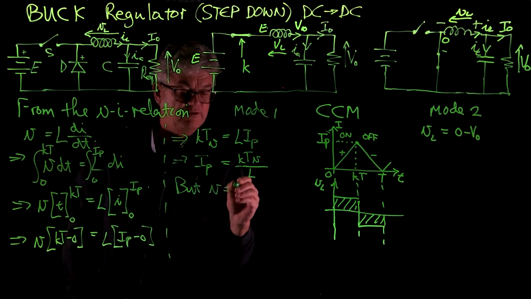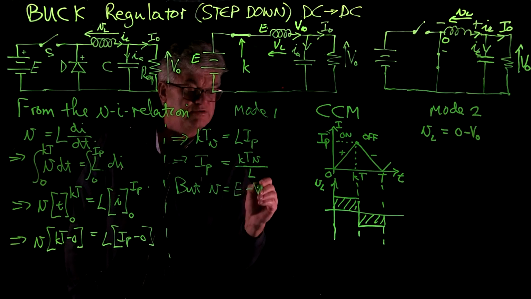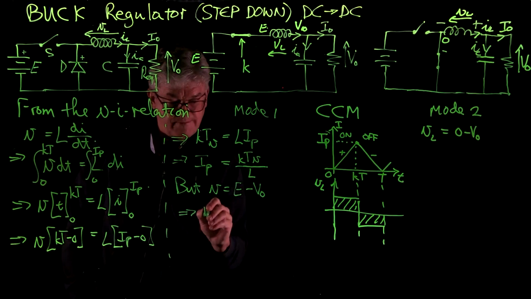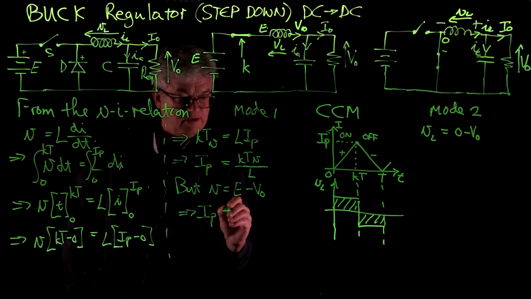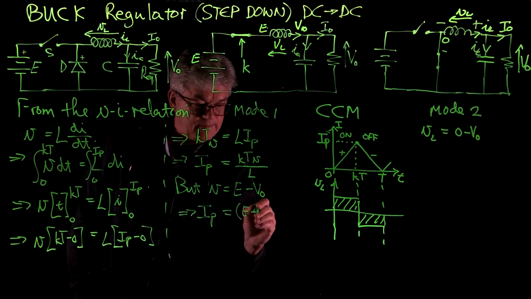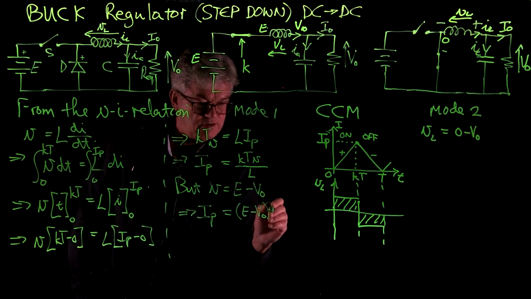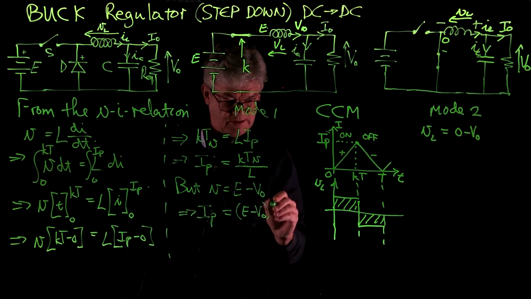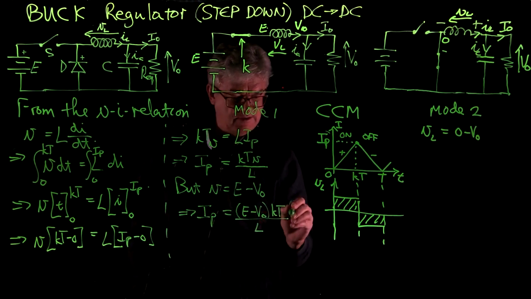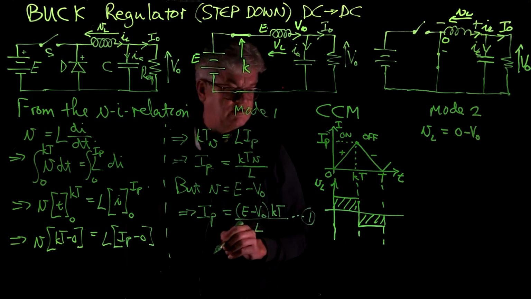So V is equal to E minus V out. Therefore, IP is equal to (E minus V out) KT divided by L. And that gives us equation 1.